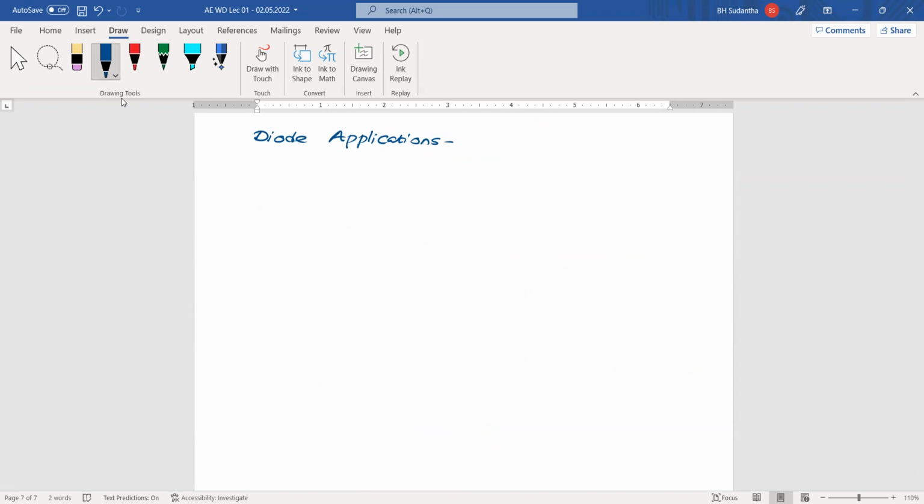Okay. Then if you consider this diode, then the first application is as a switch. You can use this as a switch. How? The simple meaning of a switch is that you have a battery, something like this.